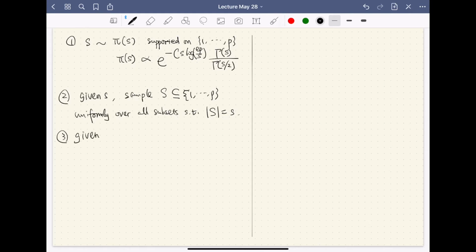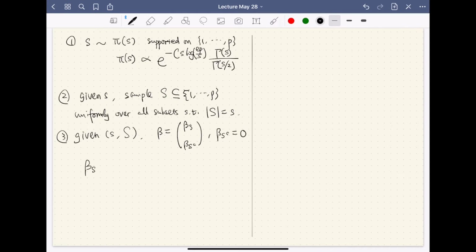Now, the last step. Given a small s and a big S, now I can sample my beta. I'm going to let beta consist of two parts, beta sub S and beta sub S complement. Here, beta sub S complement is going to be set to 0. So I'm only going to allow non-zero entries on the coordinates in S that I sampled from the second step.